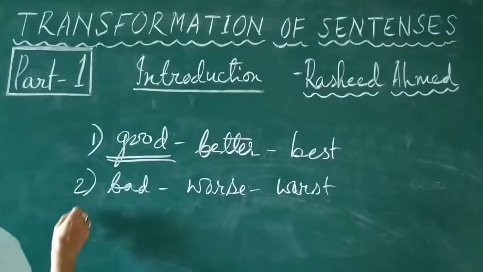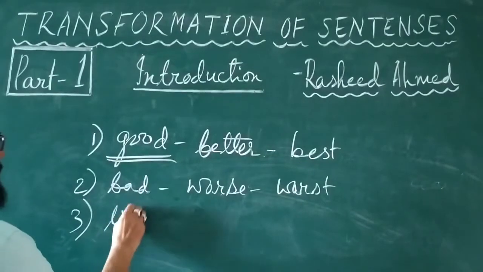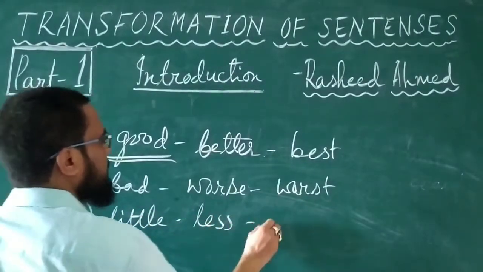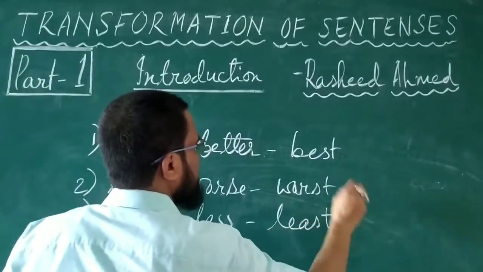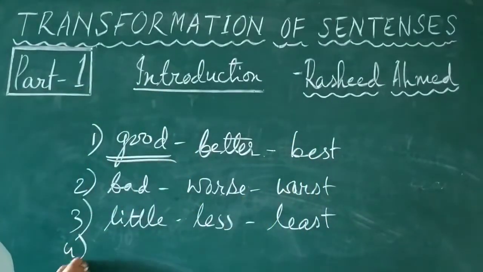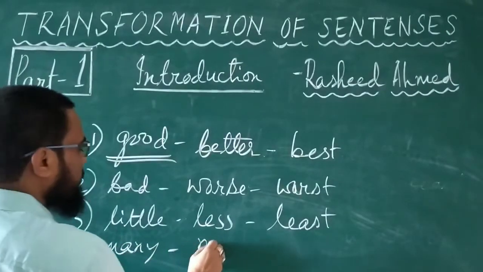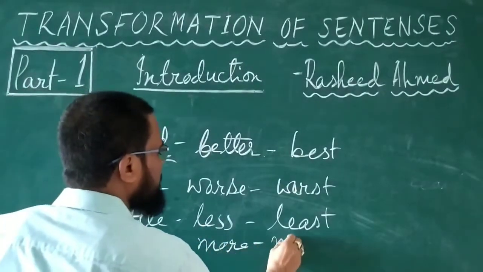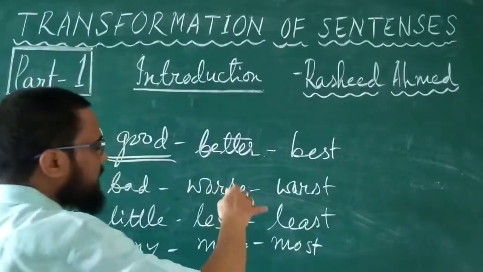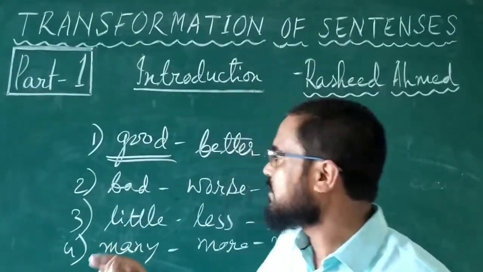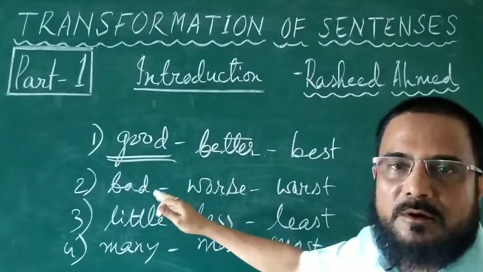You will have little, then you will have less, then you will have least. You will have many or much, then more, then most. These are the third type of adjectives which we change from positive to comparative to superlative.